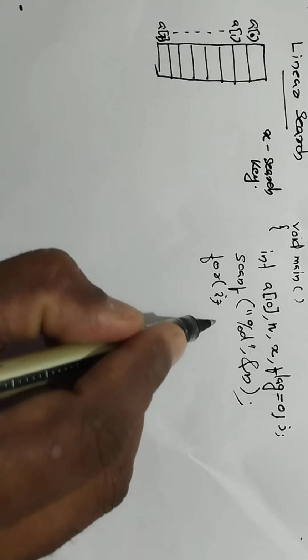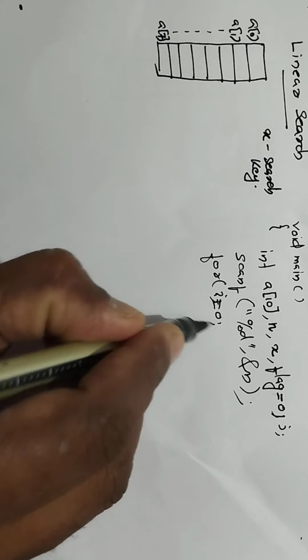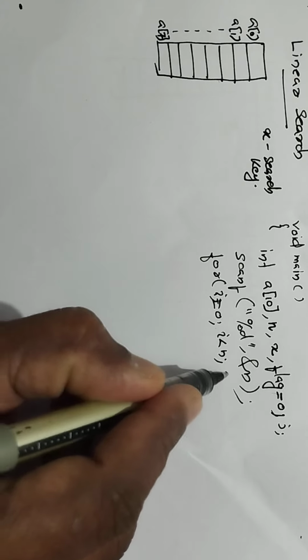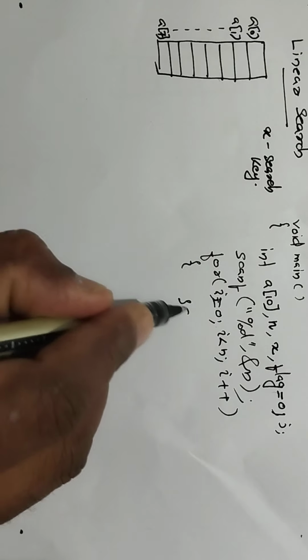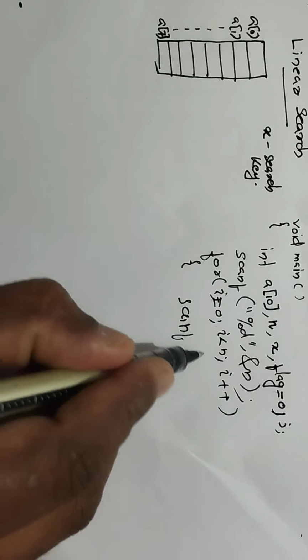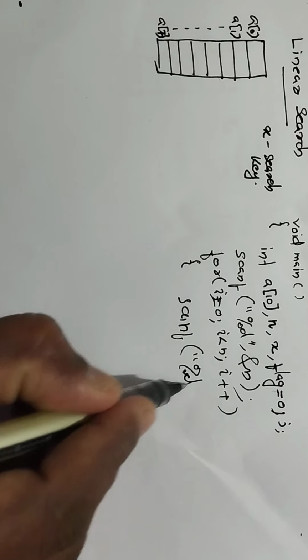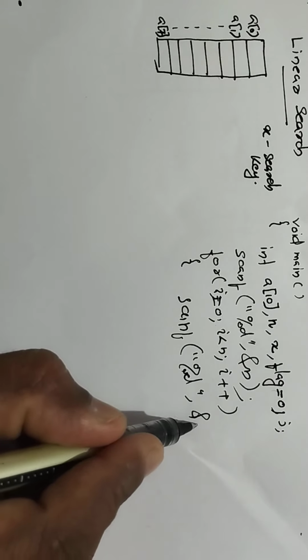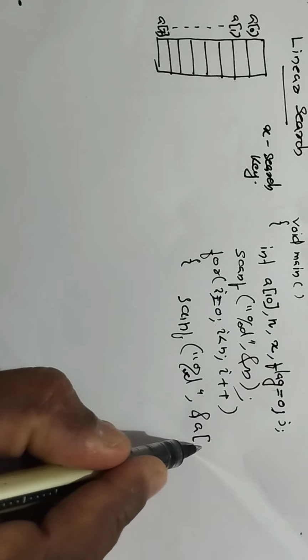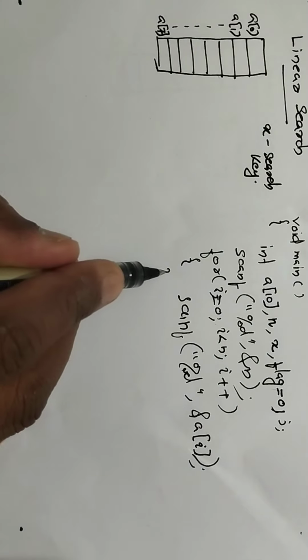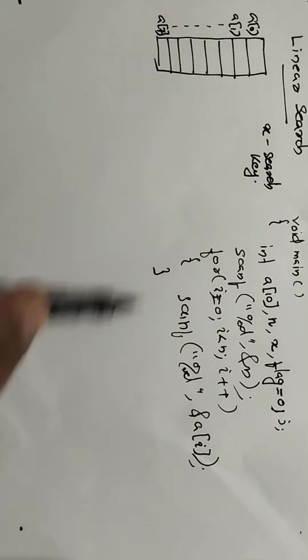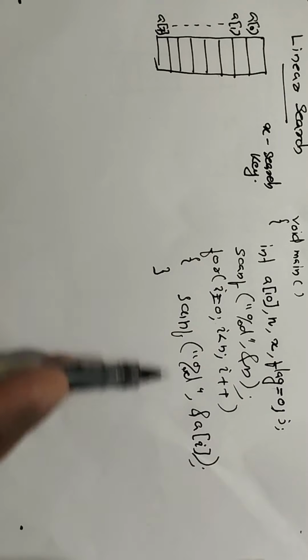Here I am declaring it as i equal to 0, i less than n, i plus plus. Inside this loop we read the values one by one: %d, ampersand a of i. By this we can read the elements present in the array.